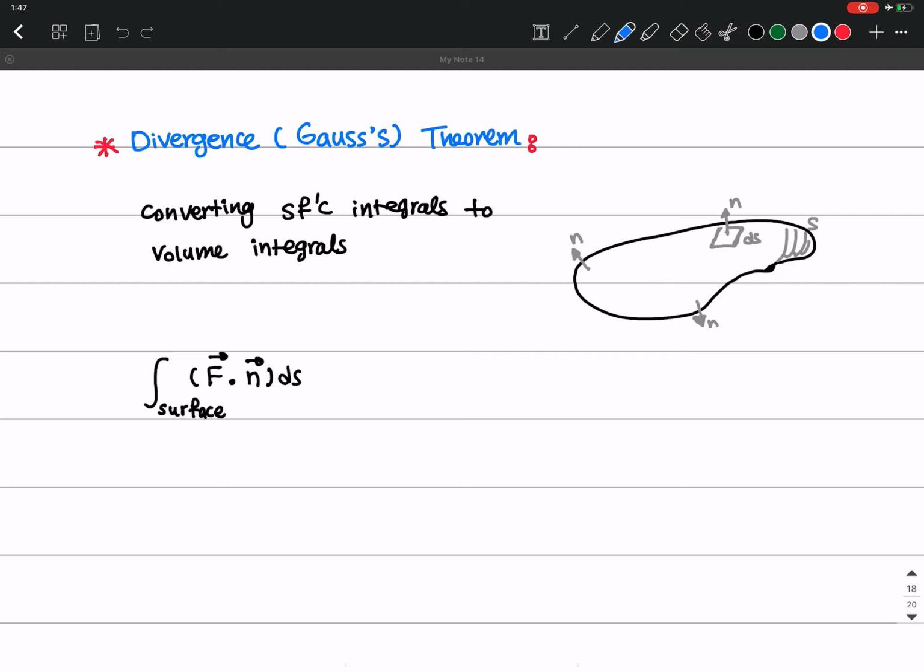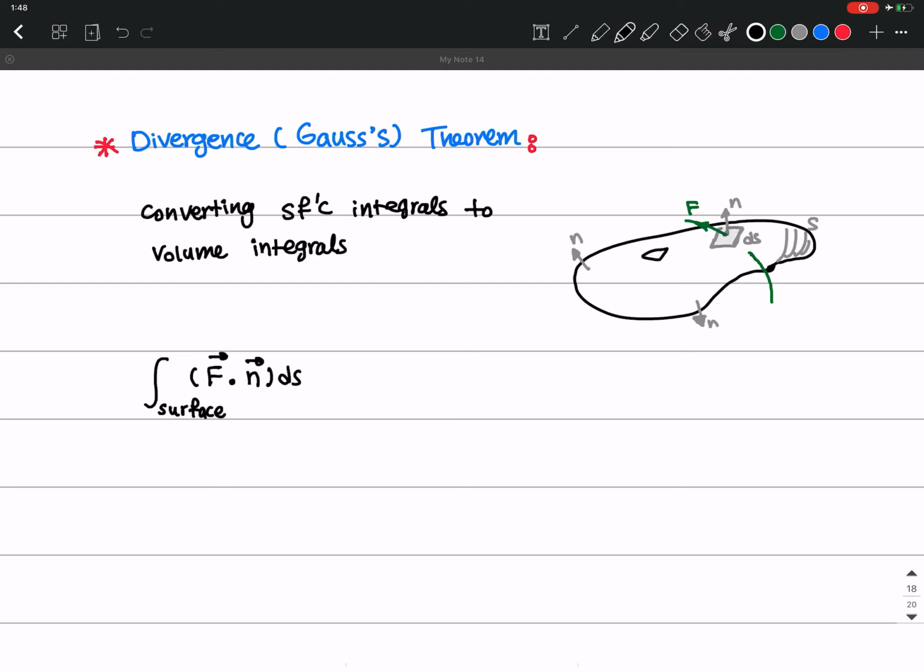I'm not going to derive this. So to calculate this integral of f dot n dS over the surface, you are integrating it over the whole surface.